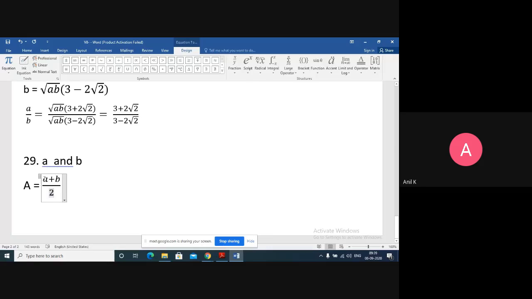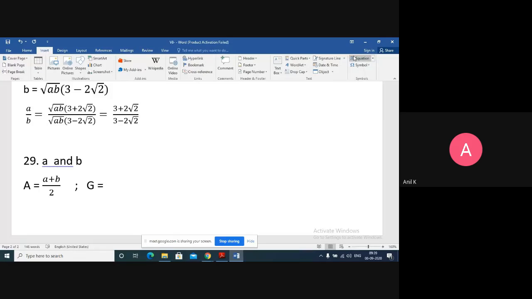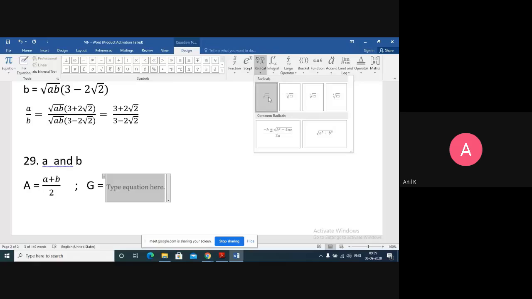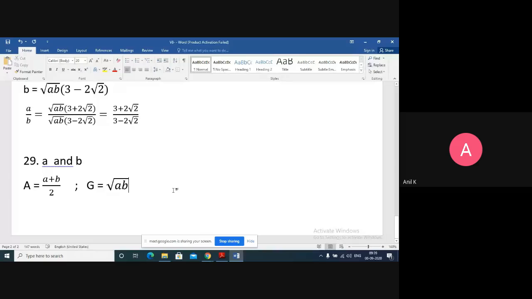So both the arithmetic means must be the same. Next, capital G is the given geometric mean, and if I know a and b, the geometric mean is given by under root ab. So from these two equations, you have to find the values of a and b.